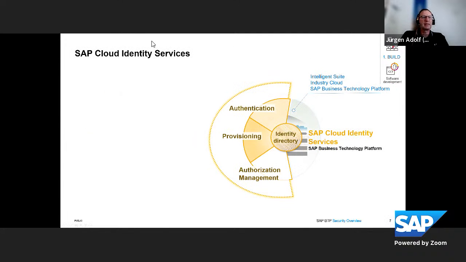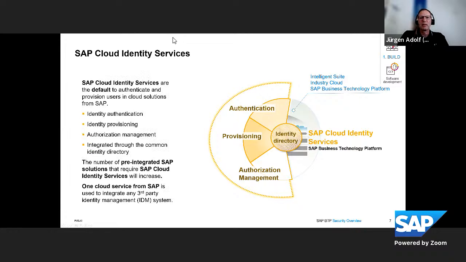So let's dive a little bit deeper into these services. Let's begin with our cloud identity services, which is one of the key services we offer with the BTP for building secure applications. As mentioned on the slide before, and on this slide, cloud identity services serve as the default solution for authentication and provisioning users in SAP's cloud solutions.